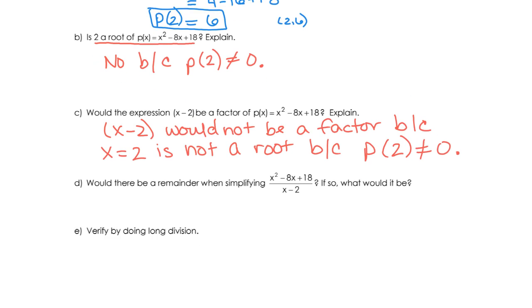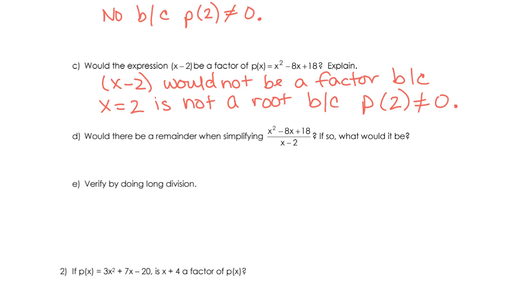All right, part D, it says, would there be a remainder when simplifying this? If so, what would it be? Well, we know that this is not going to go in a whole number of times, because it's not a factor. So therefore, there would be a remainder.